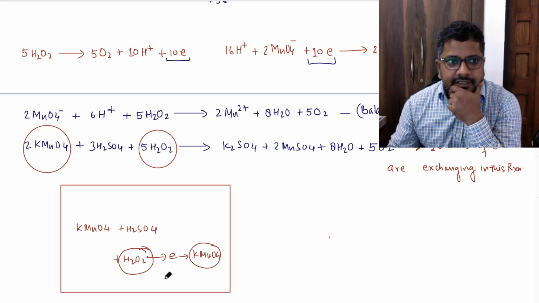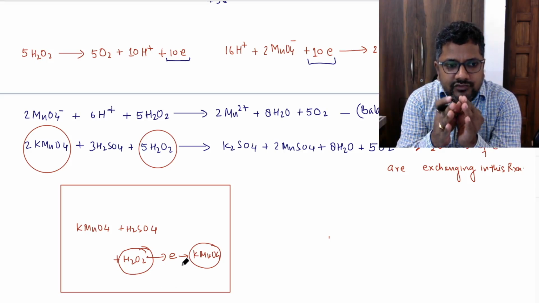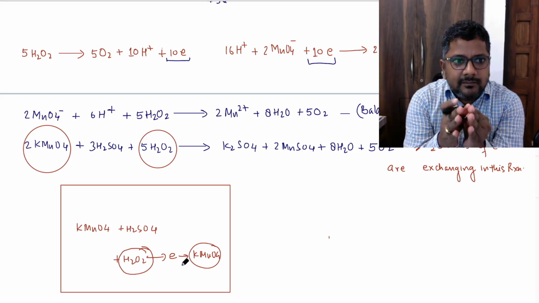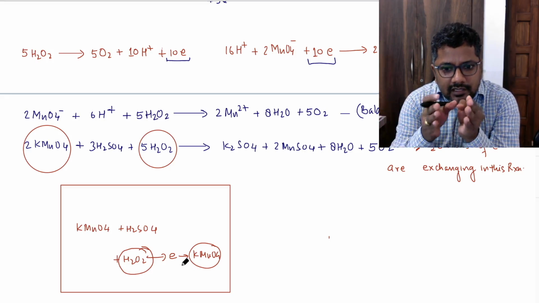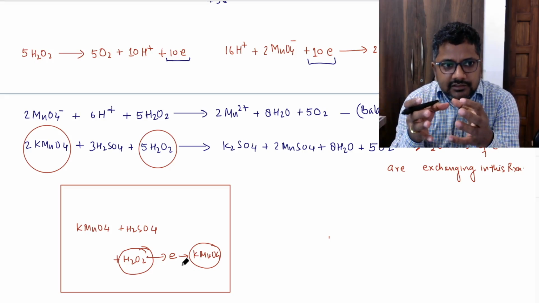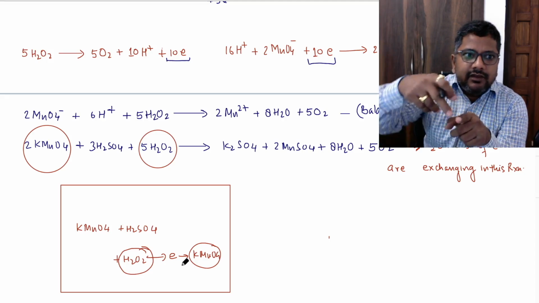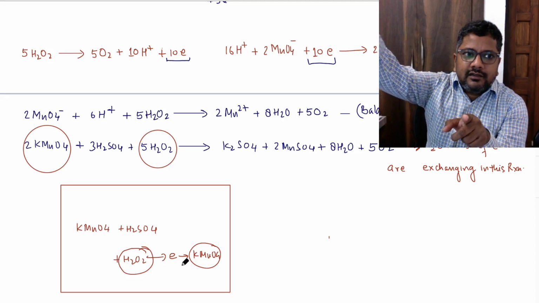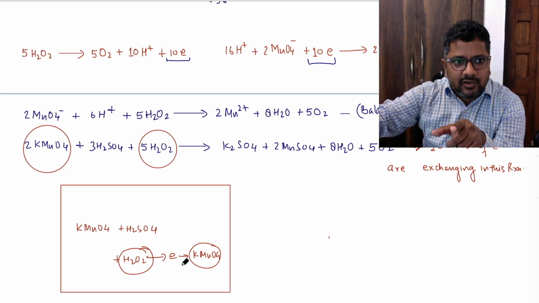So if we make an arrangement where KMnO4 and H2SO4 are taken in one beaker and H2O2 in another beaker, whatever electrons are lost in the oxidation half reaction from H2O2 will be transported through an electrical circuit from outside to the KMnO4 half reaction, that is, to the KMnO4.